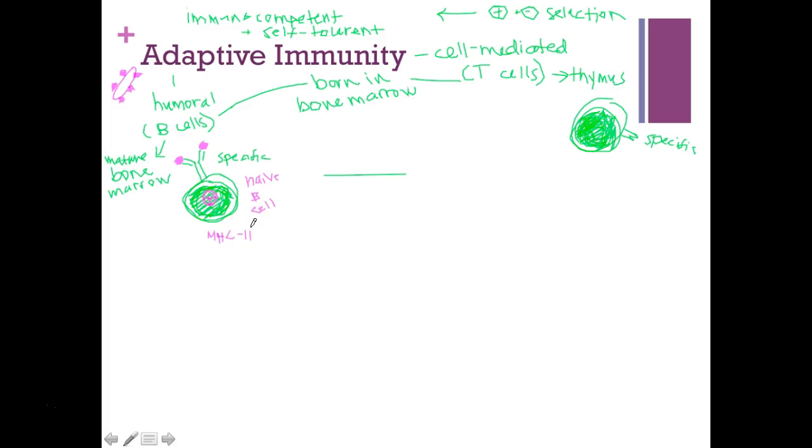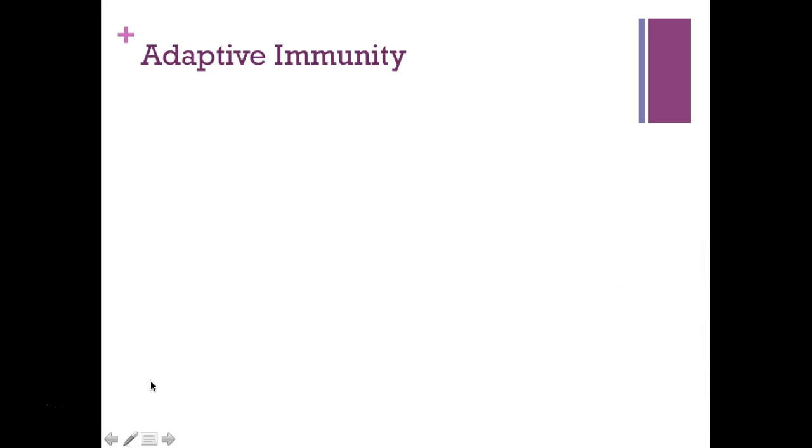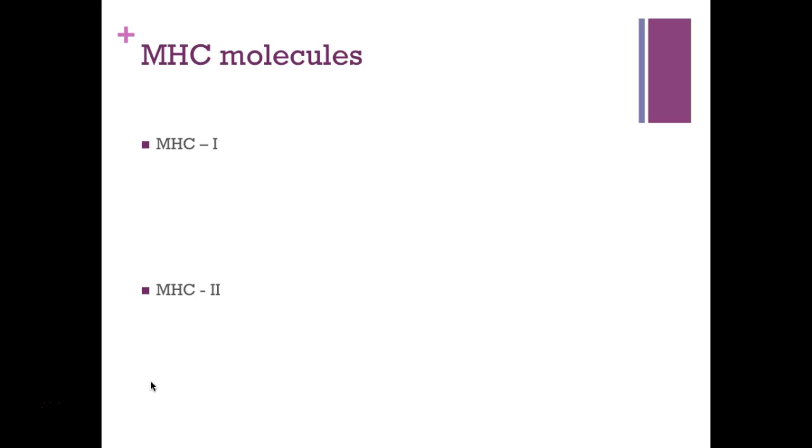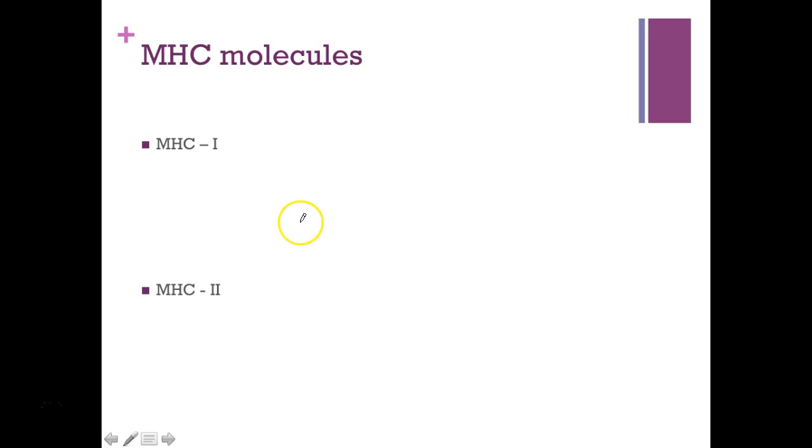Actually, I'm going to move ahead here. Let's talk about MHC molecules first. Anyway, we're going to talk about MHC molecules and then we'll talk more about our B and T cells. All right, MHC1 molecules. By the way, these MHC molecules are all proteins, so whether it's one or two, it's protein.